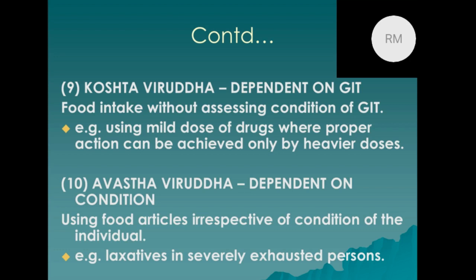We discussed 8 factors for a balanced diet, and then we discussed 4 types of diet practices: samashana, vishamashana, matrashana, and adhyashana. And now we are discussing incompatibilities, and we have covered 10 types. So before we go on to the next 8, I just wanted to reconfirm that everybody is able to follow. If there are any questions, we can take them at this point. Otherwise, I will continue.